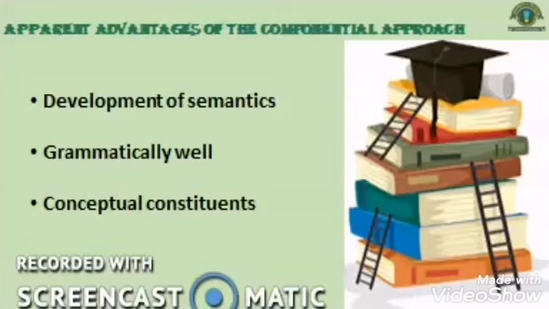Very first, development of semantics. In it we also know about the componential analysis of the meaning as in the previous theory. Before knowing the objectives and the advantages of componential analysis, we also know the meaning of that.